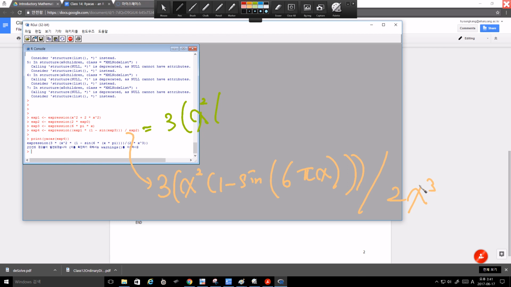So it quickly gives us a compact expression for expression 4.